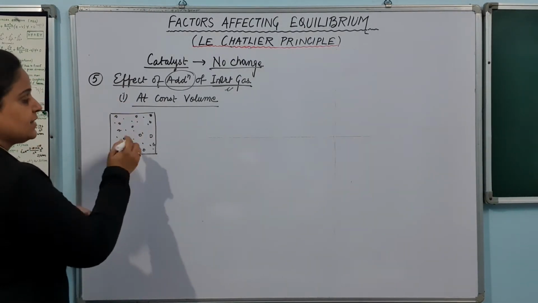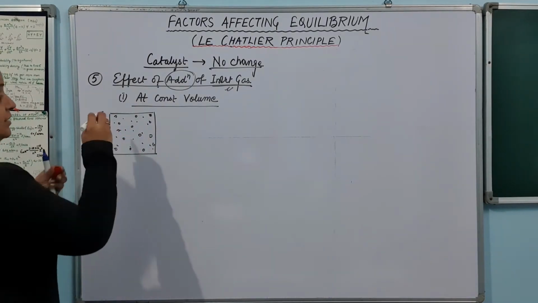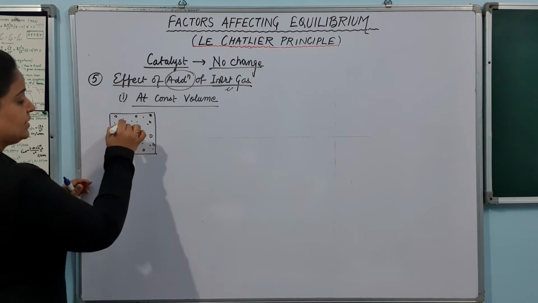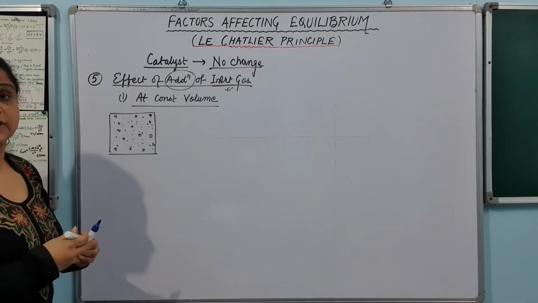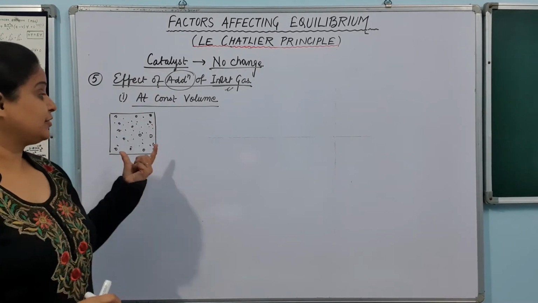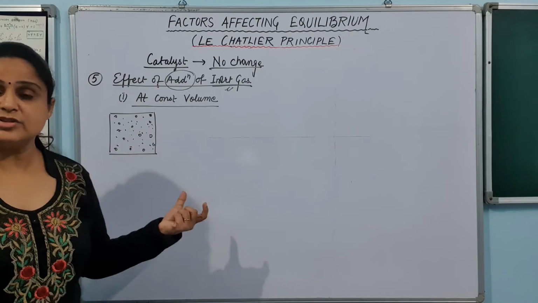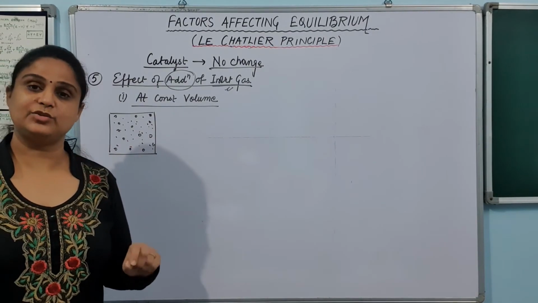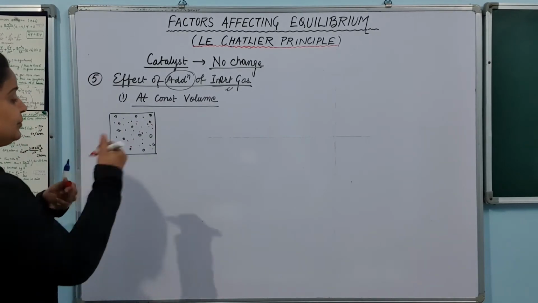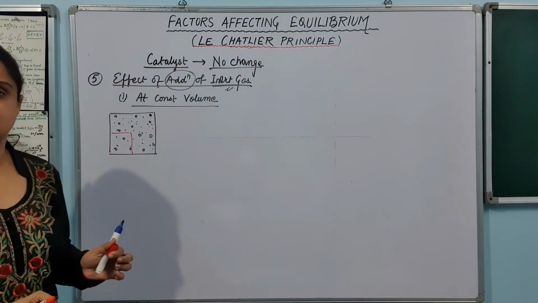Now on the other hand, what is going on? A third substance, the inert gas, is also added in the fixed volume, but the volume is not allowed to change. So the partial pressure of each component, can you understand, is ultimately not increasing or decreasing, because the amount of substance per unit volume is fixed here.